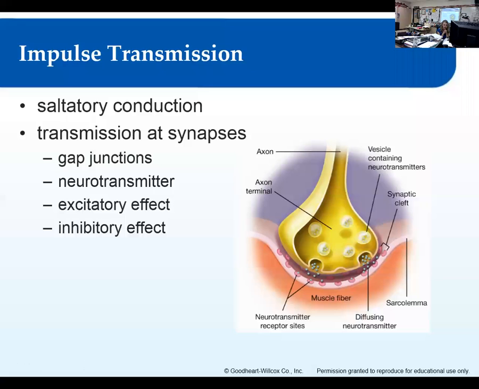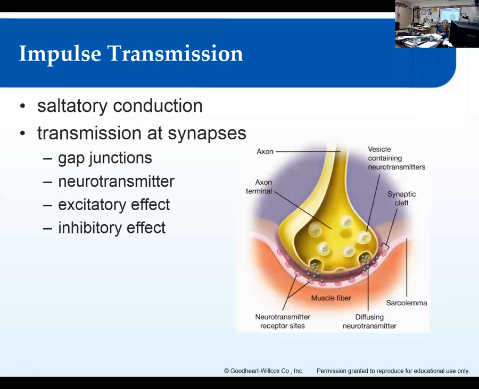The third thing that happens is that vesicles inside the terminal attach to the cell wall. These vesicles start moving down to the end of the axon terminal, and they attach to the wall. This is called exocytosis. We talked about this at the very beginning of the year, about different ways that things move in and out of the cell.